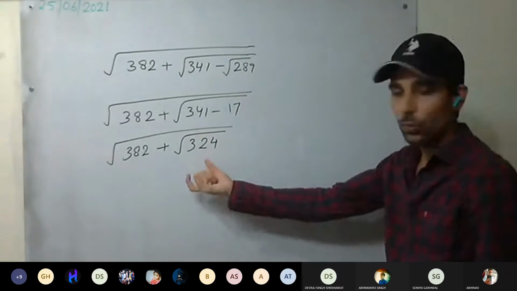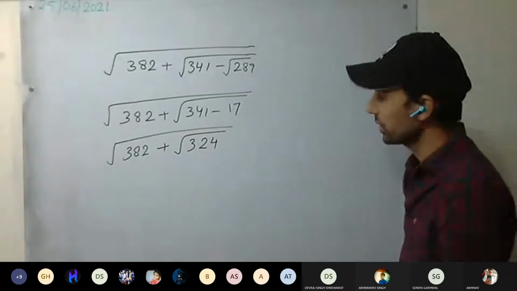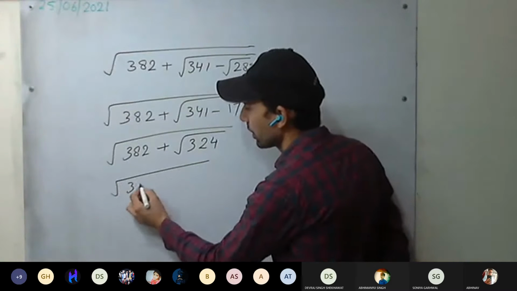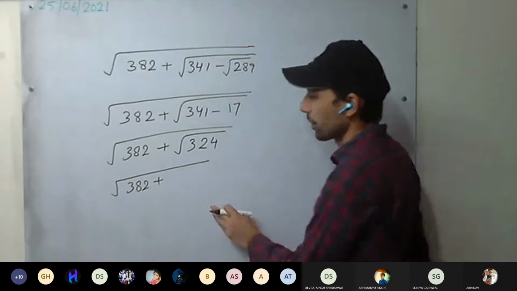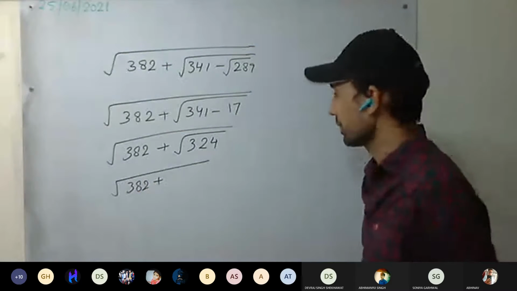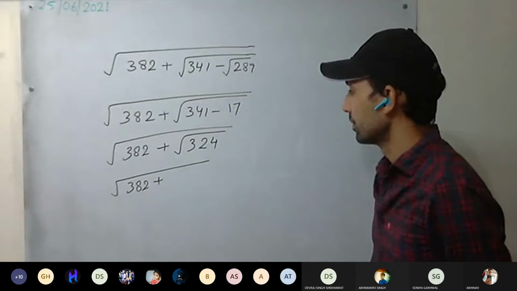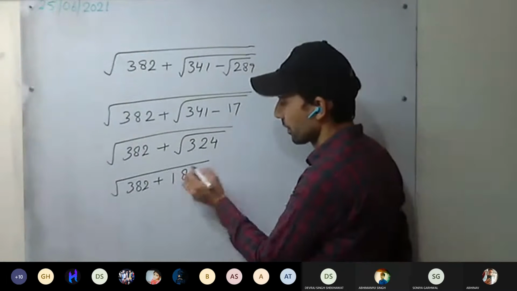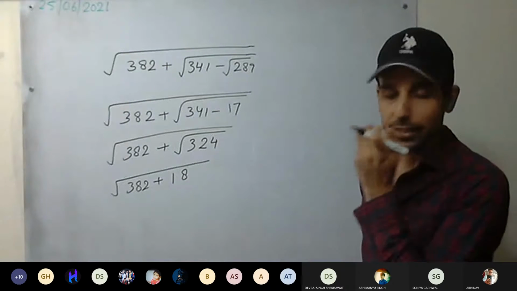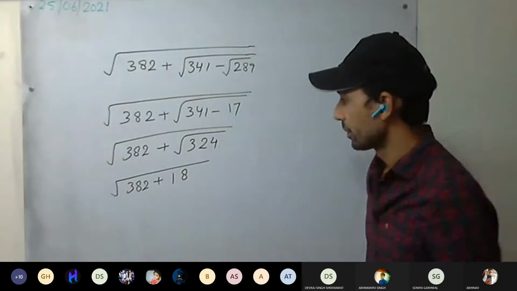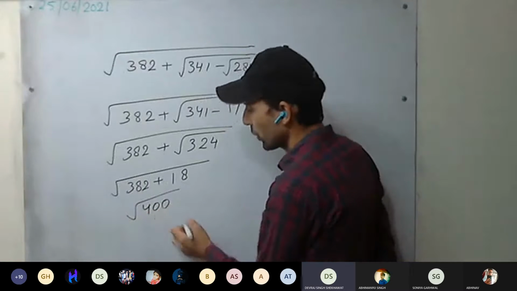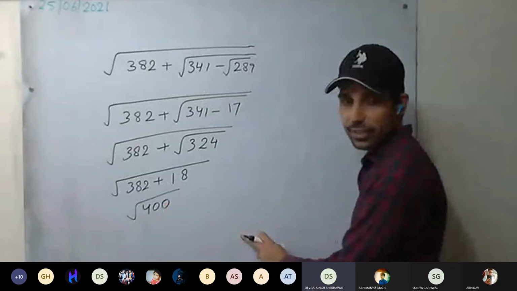Whose number square is 324? Find the number. 18. Add them. 400. What will be the root of 400?